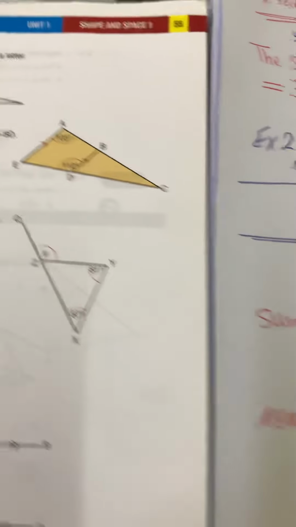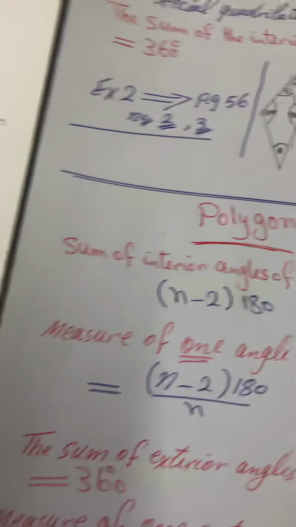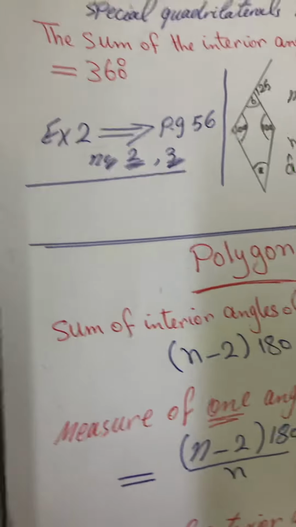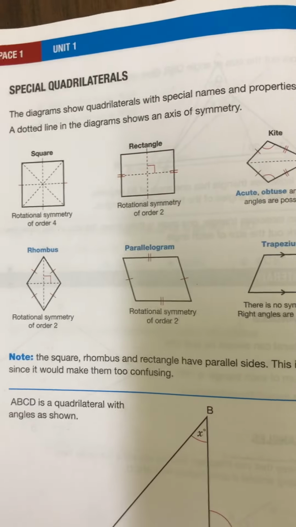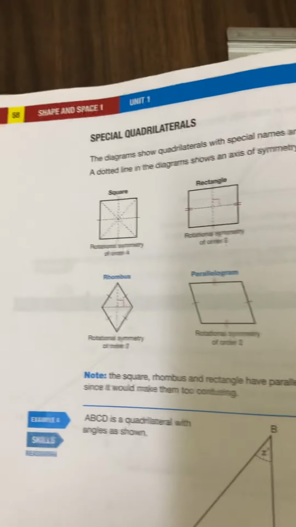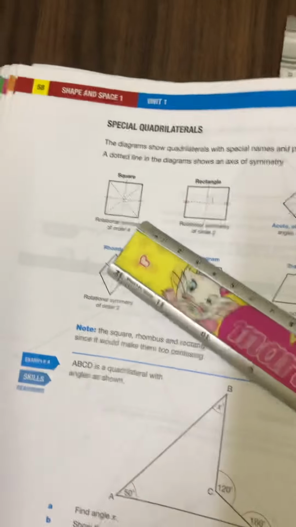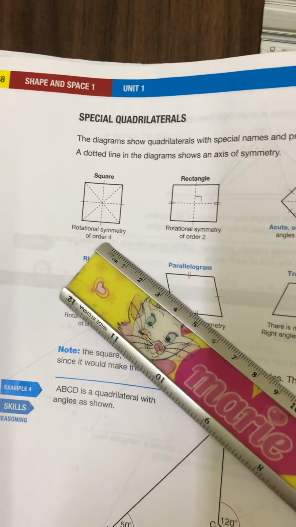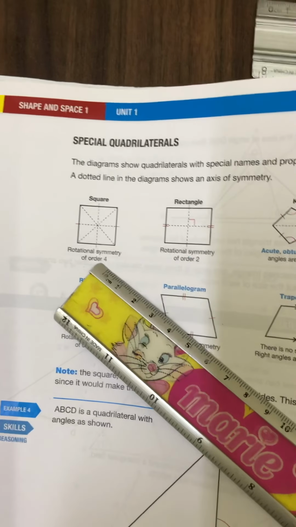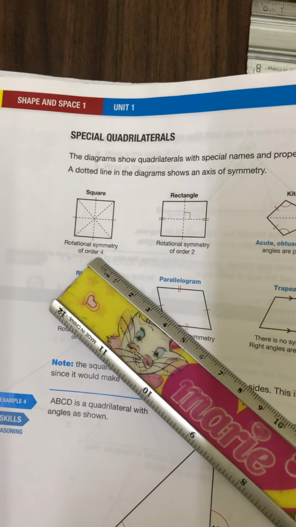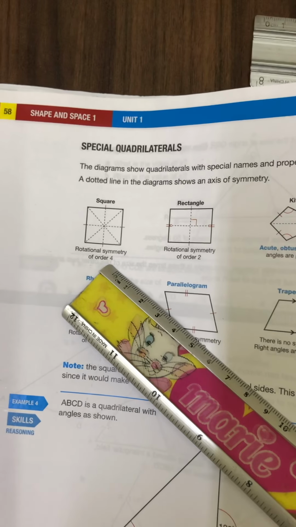Okay. And then we have the quadrilateral. When I talk about a quadrilateral, I talk about a polygon, a closed figure, consisting of 4 sides and 4 angles. As I said to you in class, take care. This is the only quadrilateral that has rotational symmetry of order 4. You have to put it in your mind.